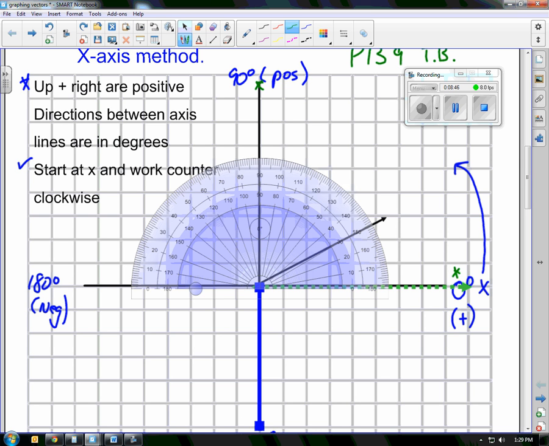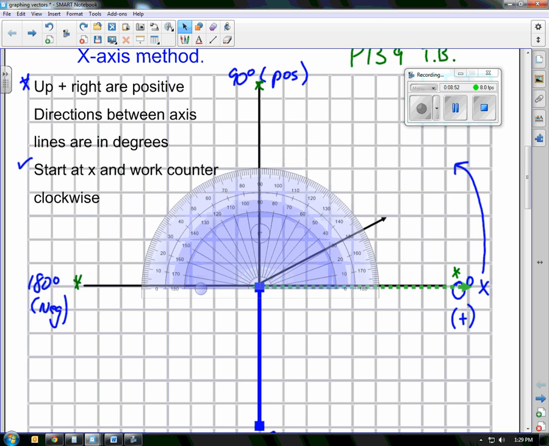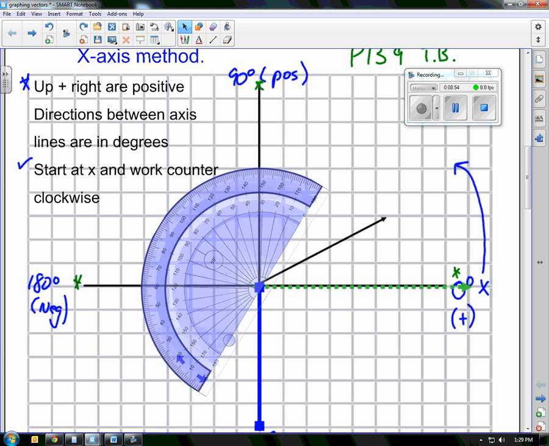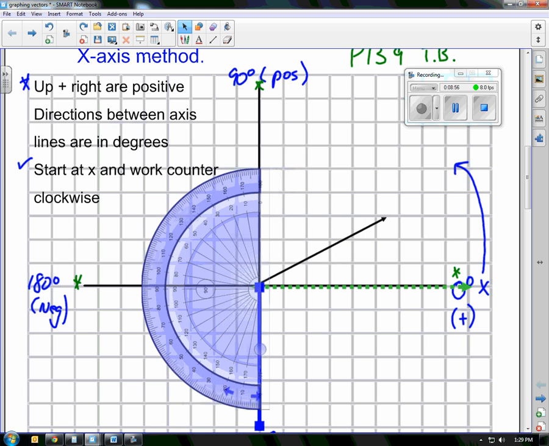So that's 180, and I need 230. So what I would do then is I would take my protractor and I would swing it this way, so that I need to add, how many more degrees do I need to add to make that 230? So good. So I'd go 180 and 50 is 230.